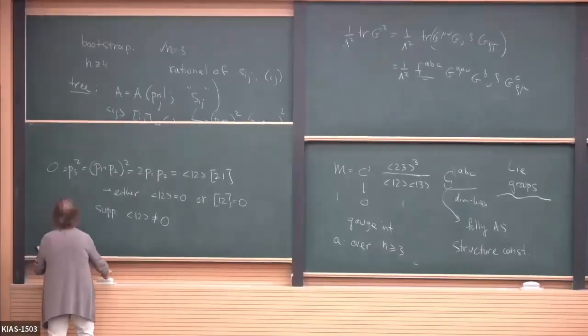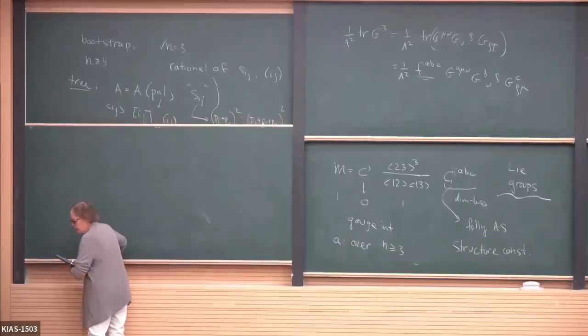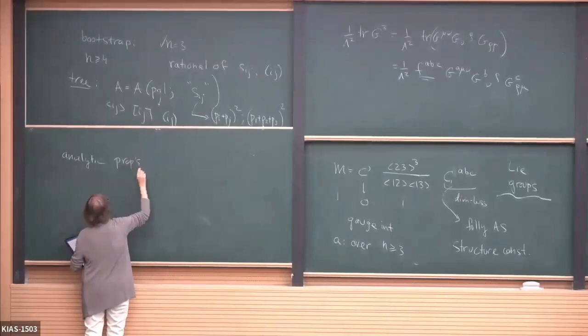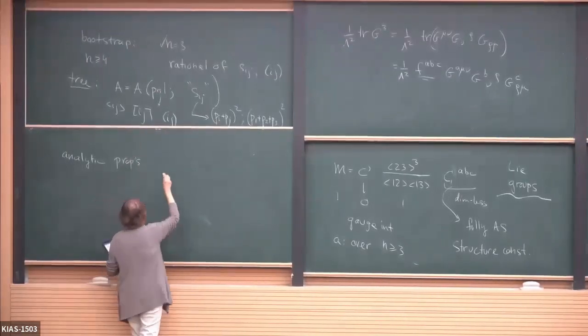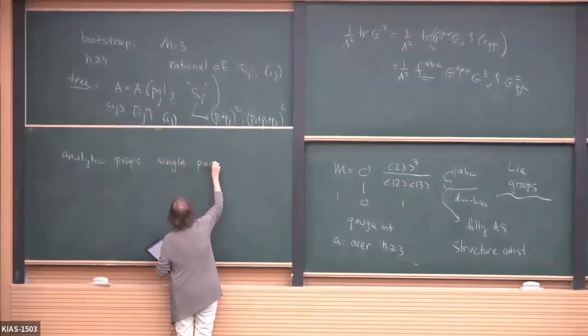And then there's another thing that we know. We know what the analytic properties of this amplitude are. So we know that it should only have single particle poles.